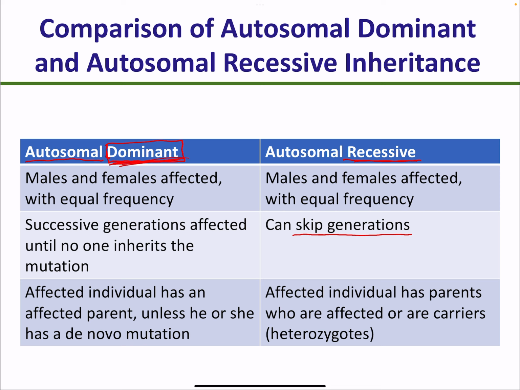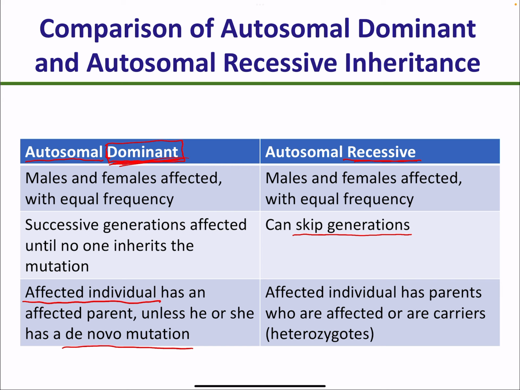Okay? So affected individuals for dominant traits are going to have at least one parent that is affected. That for sure, right? Or are going to develop the defect because of a de novo mutation.